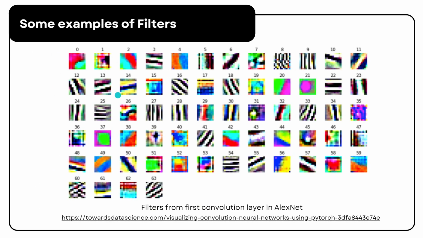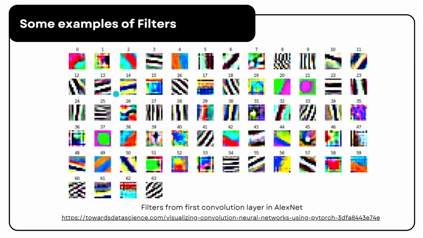So here are some examples of filters used in convolutional neural networks. These filters come from a trained CNN, specifically the first convolution layer of AlexNet. What you are looking at here are the actual filters that the network learned during training.